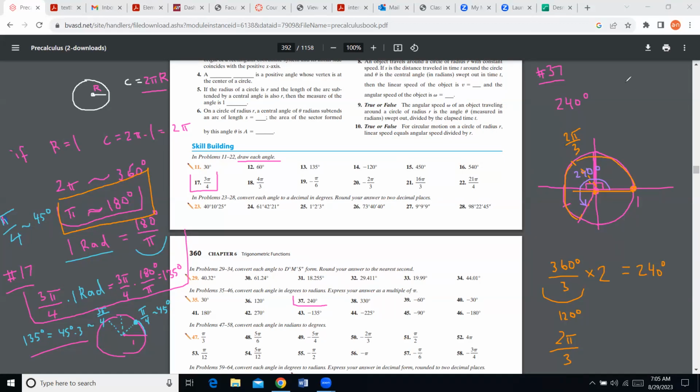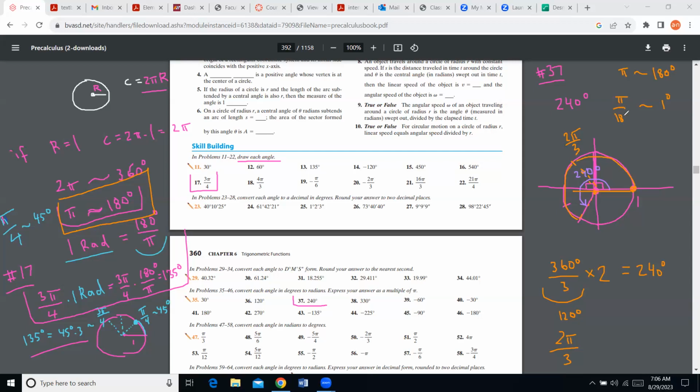So if I rewrite it as pi, which is equivalent to 180 degrees, now I want to turn 1 degree into radians. So I divide both sides by 180, right?